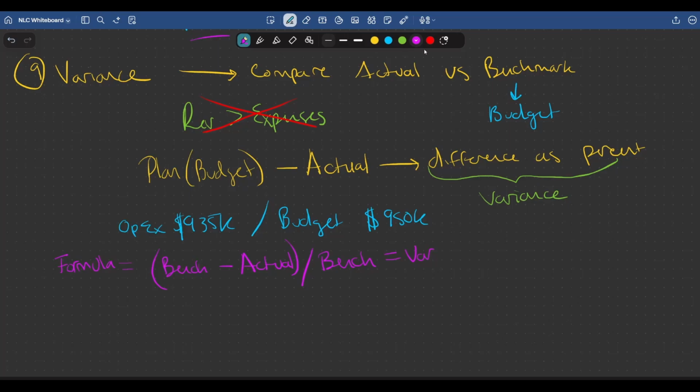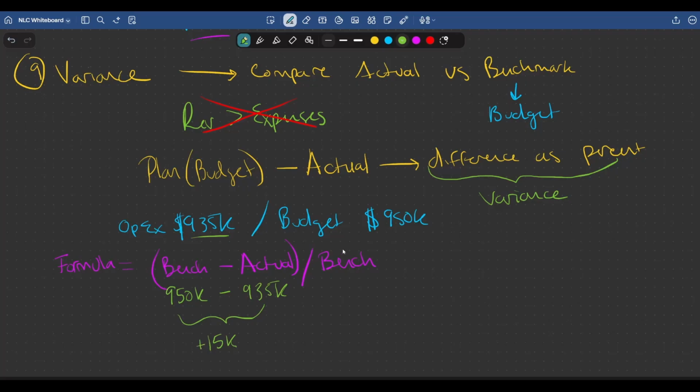Right? So let's flesh this out with the example. We have our benchmark, meaning the budget, which is $950K. We're going to subtract the actual performance, which is the $935K. That gives us $15K. And notice it's positive $15K.